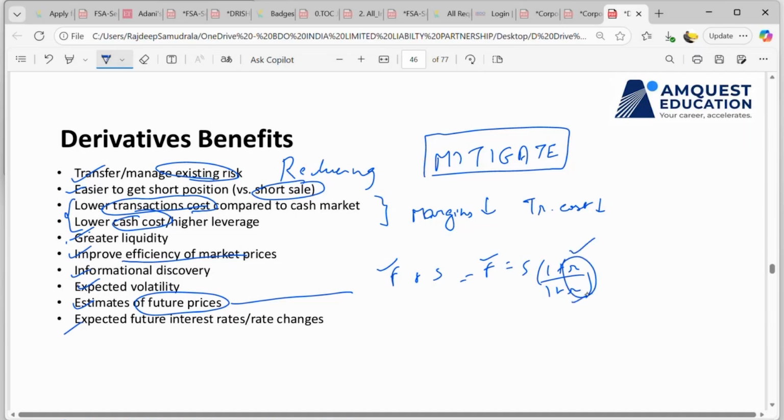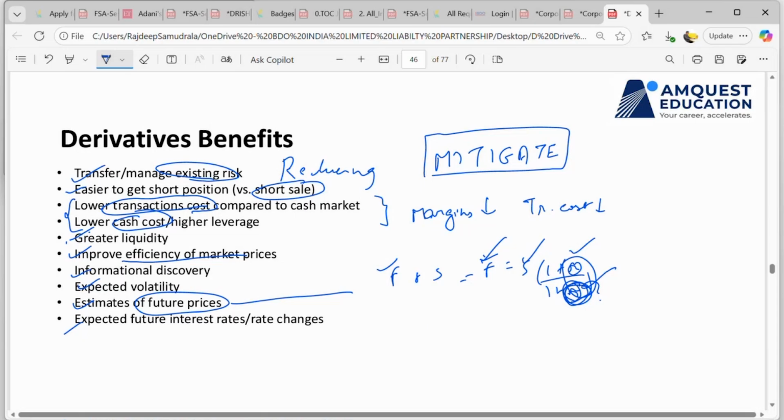I was able to actually find out what is the interest rate. So I told you I can find the future using the spot rate and interest rate. Similarly, if you give me the futures and the spot rates, I can also find out the missing factor. So I can find the future interest rate by going behind the derivatives.